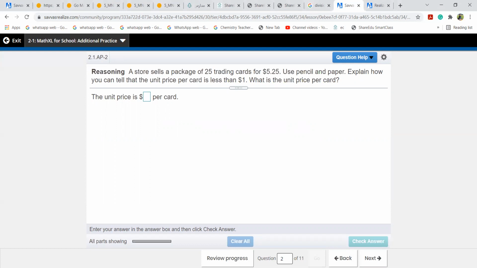Malak, can you read this question? The store sells a package of 25 trading cards for $5.25. Use pencil and paper. Explain how you can tell the unit price. Whenever you see the word unit, what did I teach you? Check for per card.